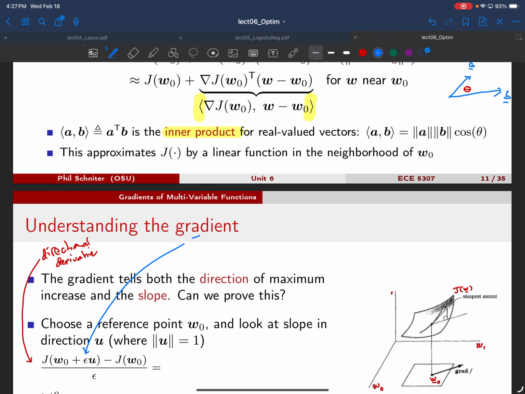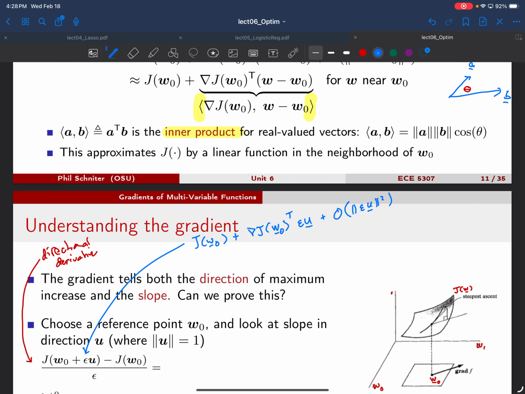We can write this as J at the reference plus the gradient of J at the reference transpose times the deviation, which is going to be epsilon u, plus order norm of epsilon u squared.